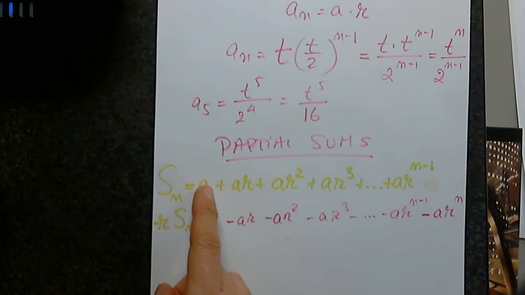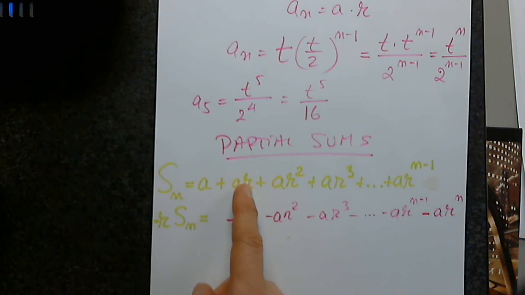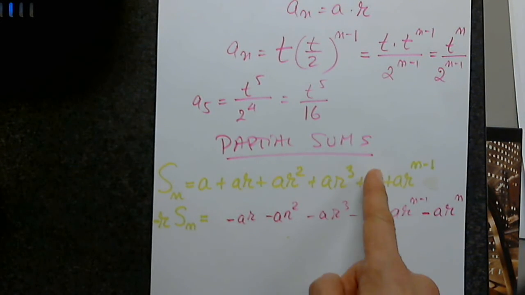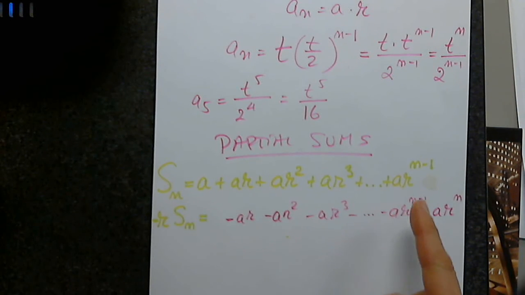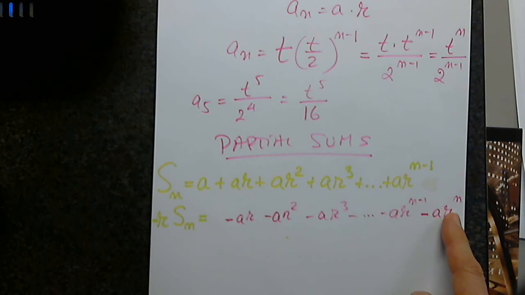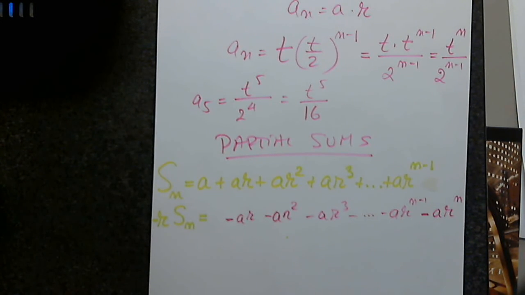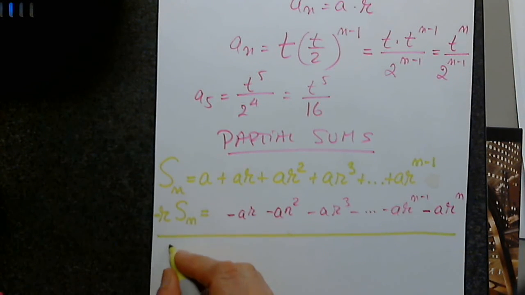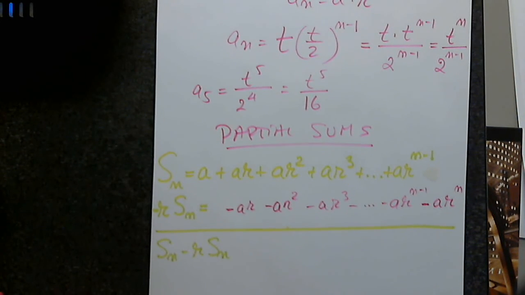So when I multiply the first one, I get this. When I multiply the next one, I get this. The next one, I get this. The next one, I get this. This one, I get this. And when I multiply this one by negative r, I get this. Copy the base, add the exponents, correct? Is this okay? Okay. So then, now I'm adding these. So the left-hand side is S sub n minus r times S sub n.